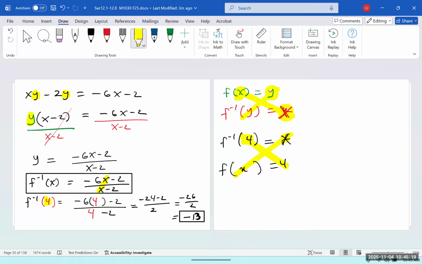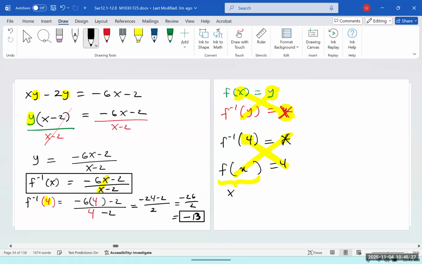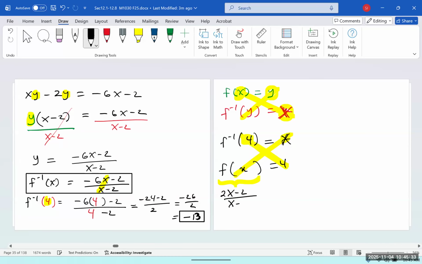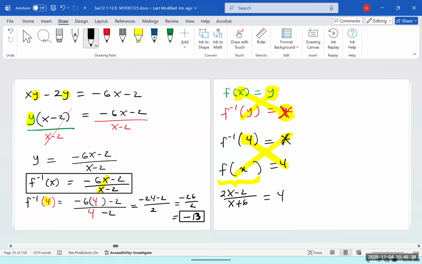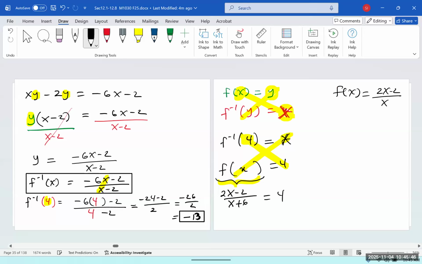It means our f of x, which is 2x minus 2 over x plus 6, is 4. Because they told us f of x is 2x minus 2 over x plus 6. They gave us this information, and they want us to find the inverse of 4. Basically, it means the y value for this function is 4.